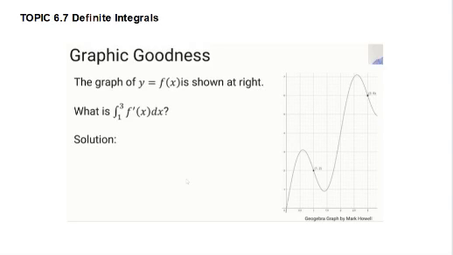All right, today on topic 6.7, we need to start off with another piece of information of the fundamental theorem of calculus. This is another component of the fundamental theorem of calculus.